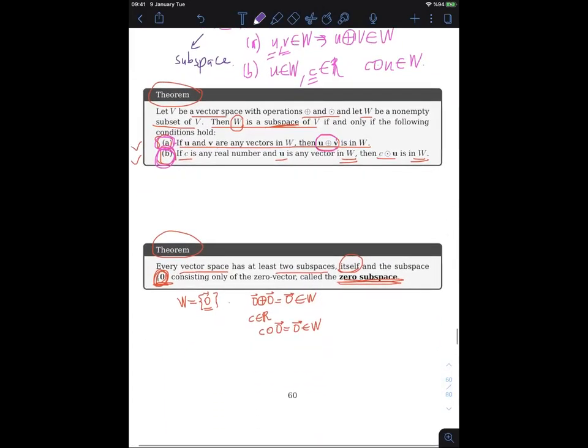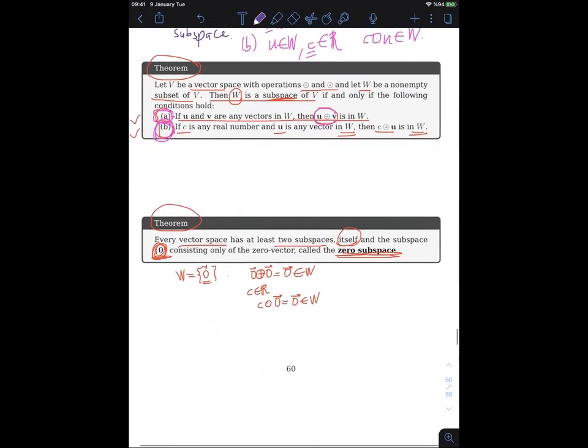That's good. So there are 2 subspaces which are called trivial subspaces. Regardless of which vector space you are working in, regardless of what V is, the vector space {0} is always a subspace. This is a one element subspace.